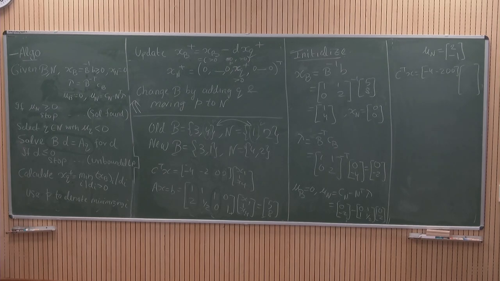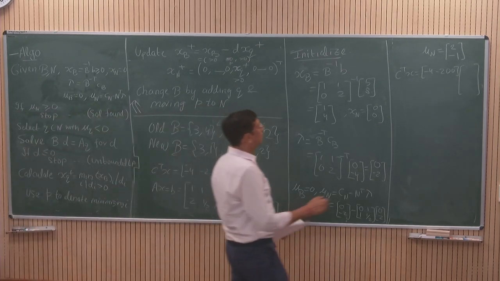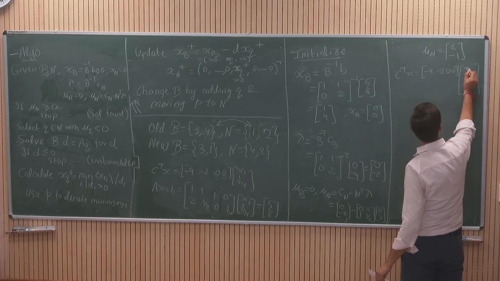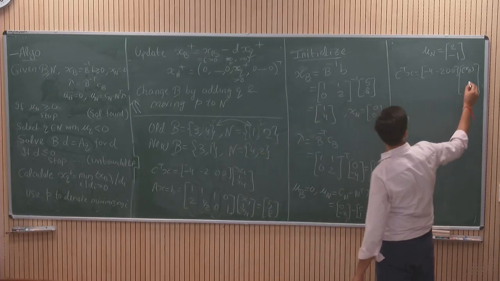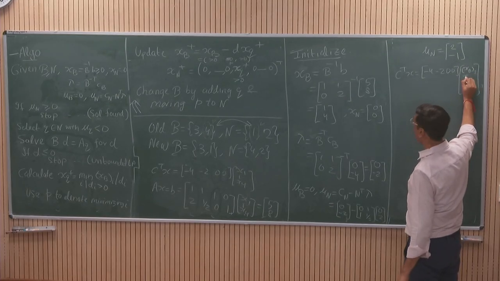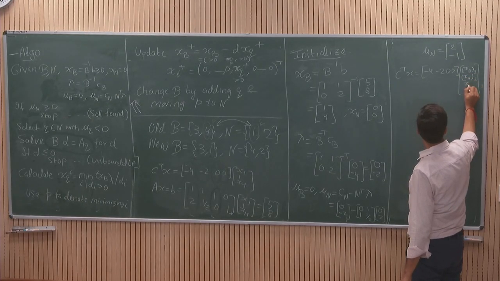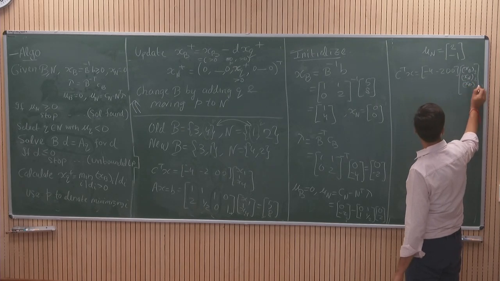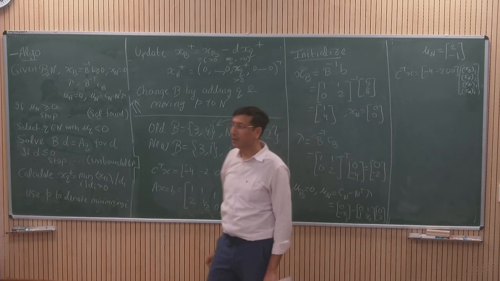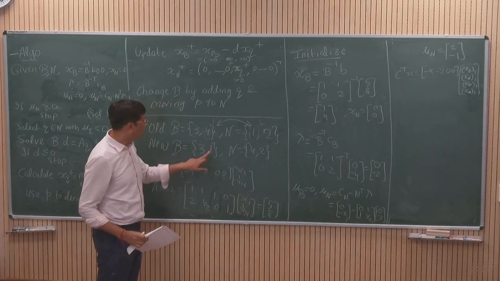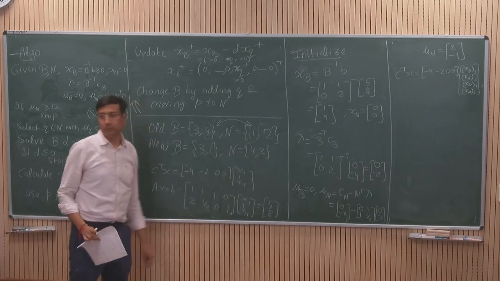Then help me now. We have to fill the x values, right? So you have to fill xb, the second element, then xn, the second element, then xb, first element, and xn, the first element. Correct? This is how you will fill, because these are indices 1 2 3 4.